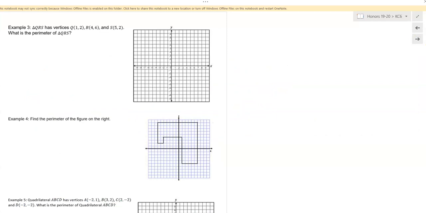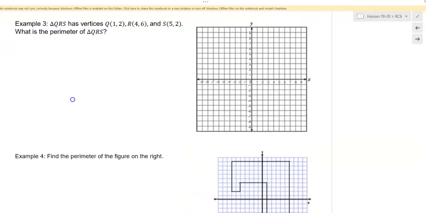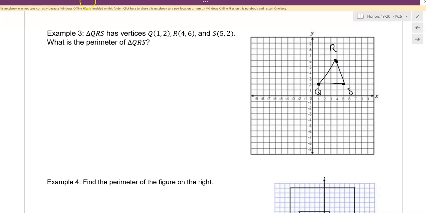Alright, so sometimes we'll have to draw our own figure. QRS has vertices of Q at 1, 2. R is at 4, 6. And S is at 5, 2. So same thing.